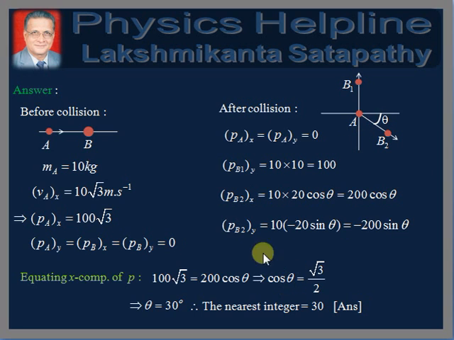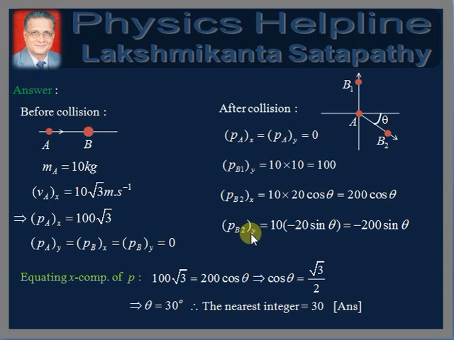Therefore, the linear momentum of B2 in the x direction will be equal to its mass, that is 10 kg, multiplied by its velocity in the x direction, 20 cos theta, which is equal to 200 cos theta kg meter per second.